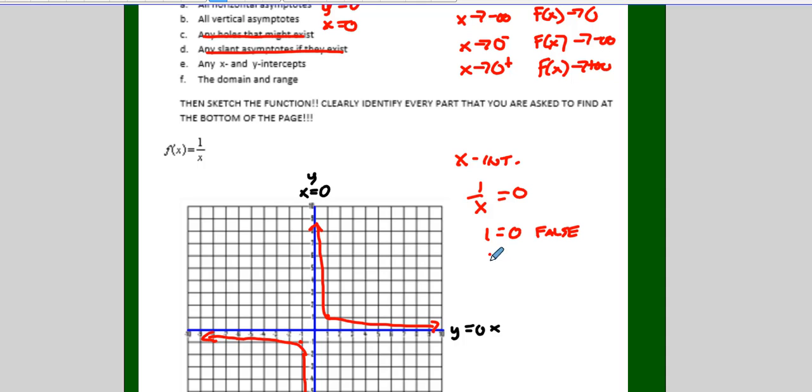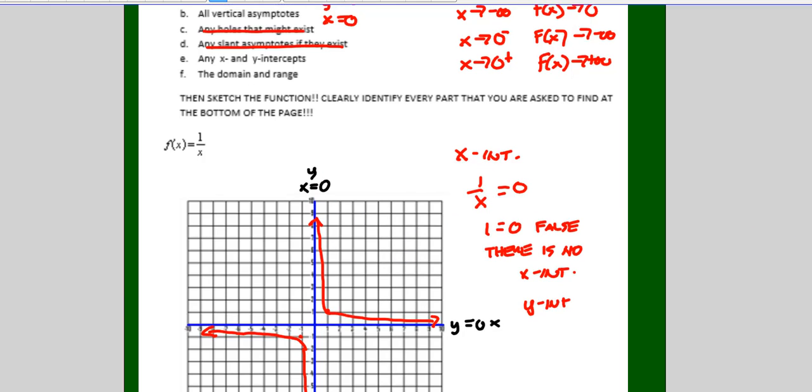So that's not true, so that's false. So there is no x-intercept. And you can see that the graph's never going to cross the x-axis. Then the y-intercept is where the graph crosses this line x equals 0. Well, that's where the function has a value 0.